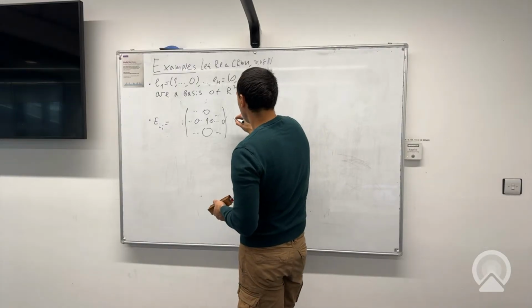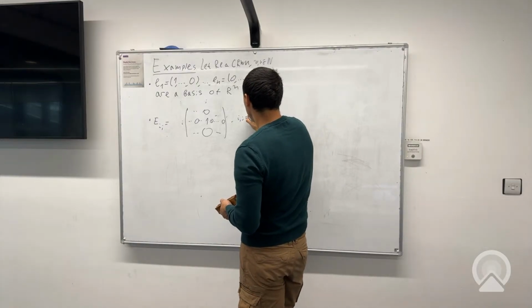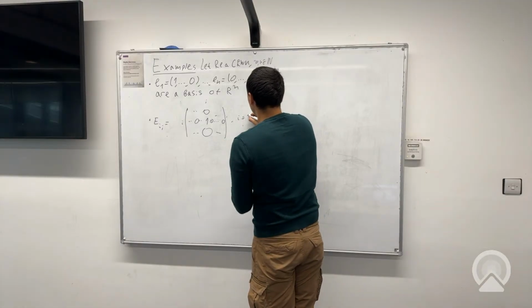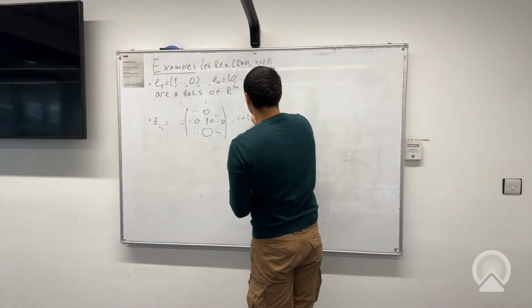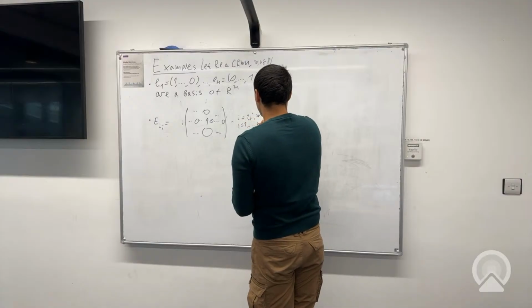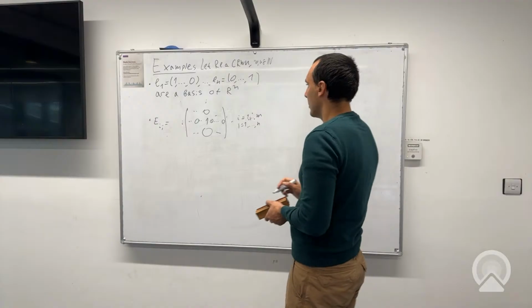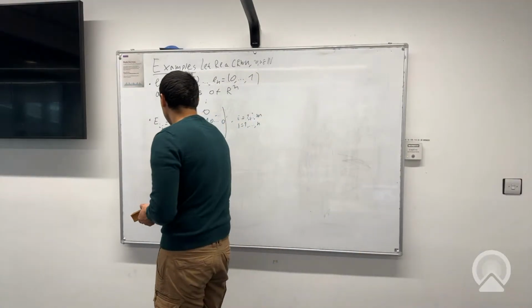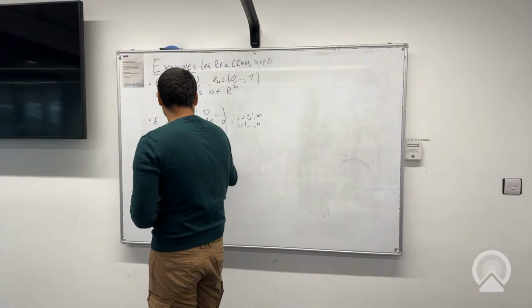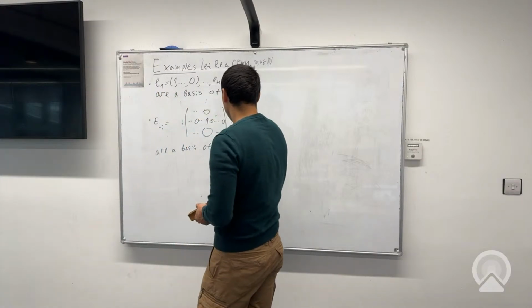It's E_ij for i from 1 to m and j from 1 to n. They are a basis of the space of matrices.